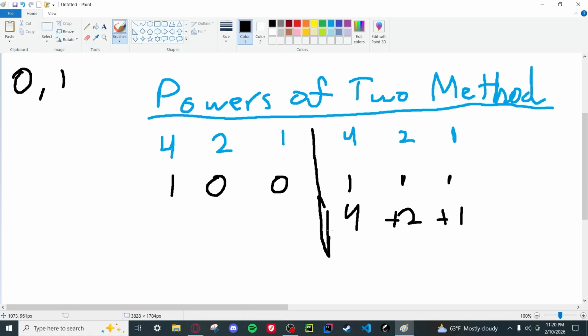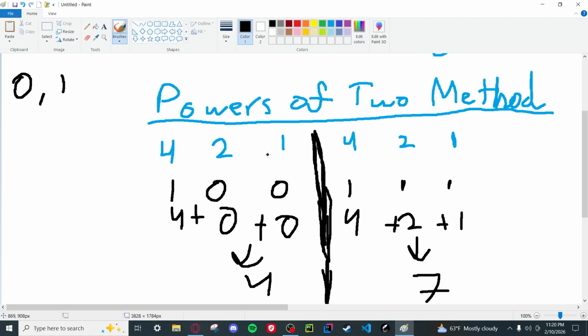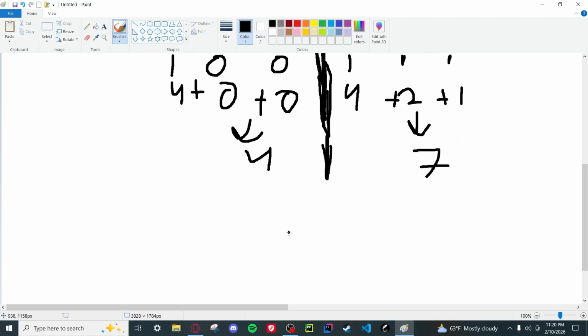Remember, wall, blocker, right here, okay? 1 times 0 is 0, plus 2 times 0 is 0, plus 4 times 1 is 4. Add these up again, you get 4. Remember, it's a wall. Why is this wall so important? You must understand that these are going to be two separate numbers. You don't add them together to get 11, no. You stop right here, and your answer is 47 in base 8.